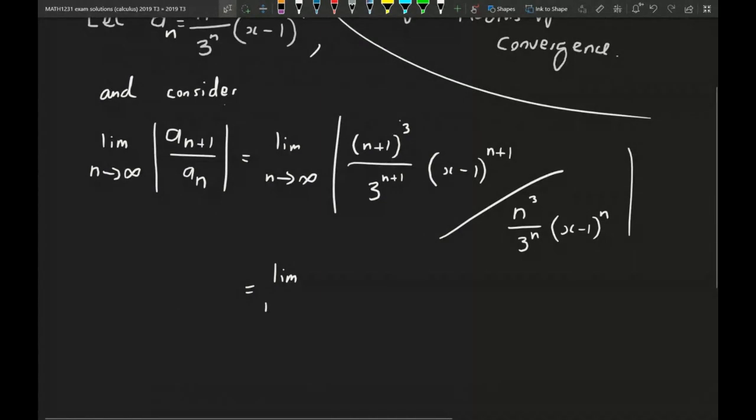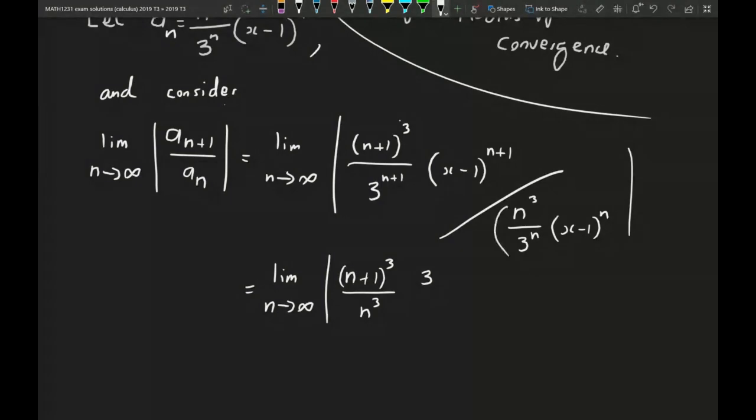So let's combine all the terms together, which look pretty similar. First things first, I'm going to take this (n plus 1) cubed. I can write it over the n cubed. I'm going to take this 3 to the n. Now this is on the bottom, so when I take the reciprocal it does pop up to the top.